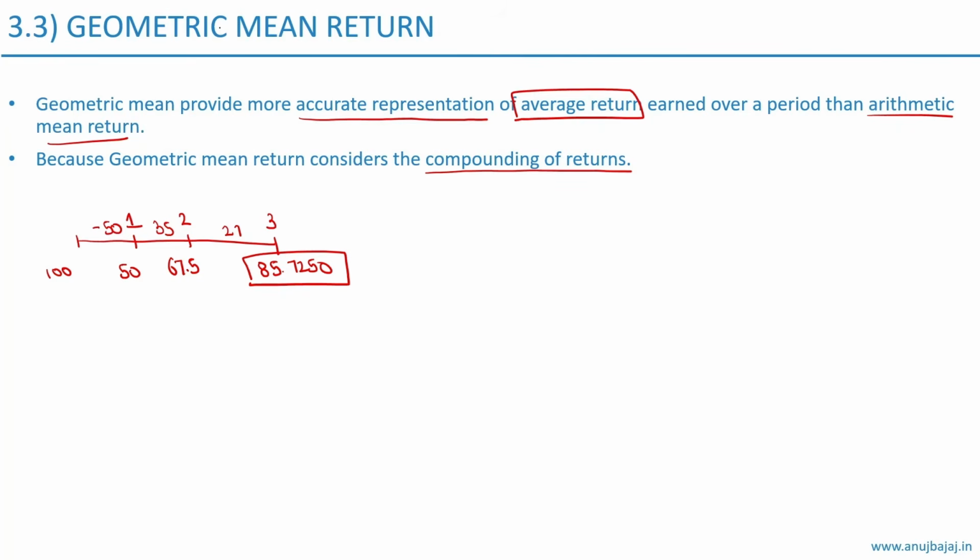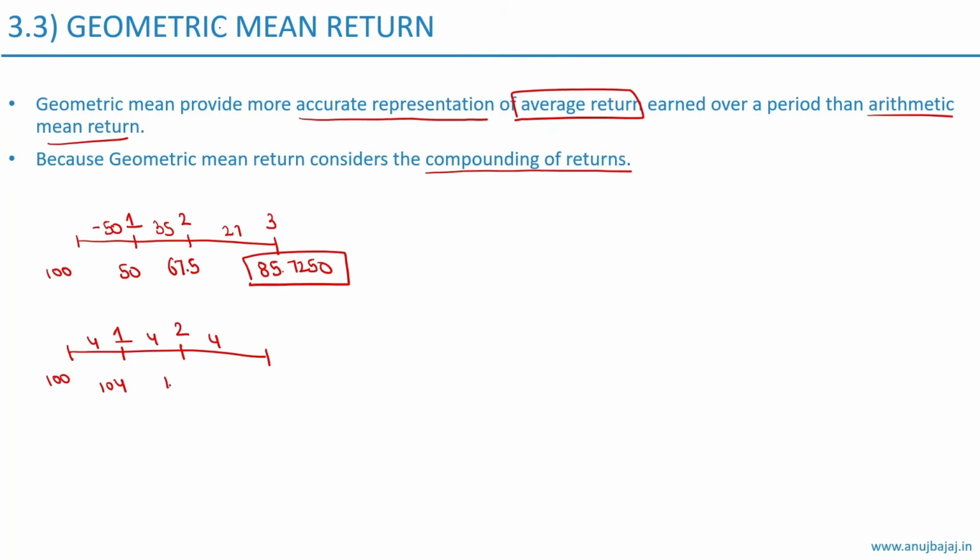Now the arithmetic mean return that we calculated earlier told us that the average return we earned per year is 4%. So let us put that figure over here. 4% in year 1, 4% in year 2 and 4% in year 3. $100 at the beginning. So the value at the end of year 1 will be 104.